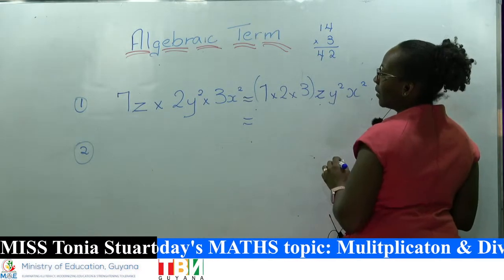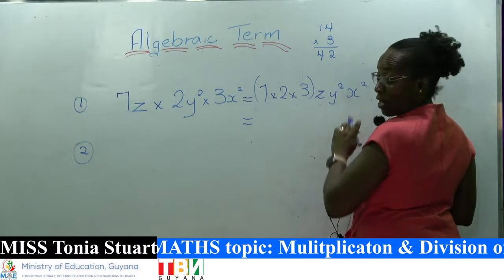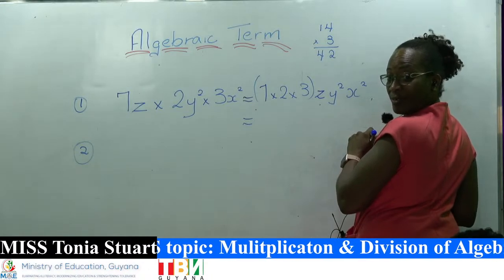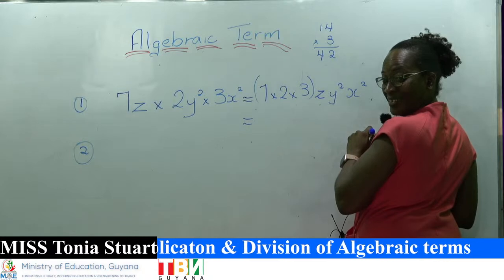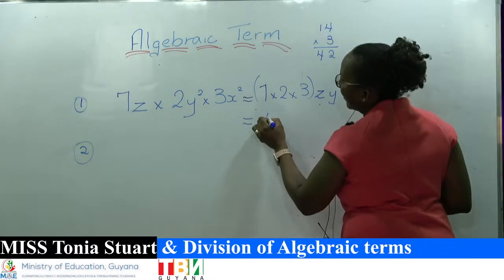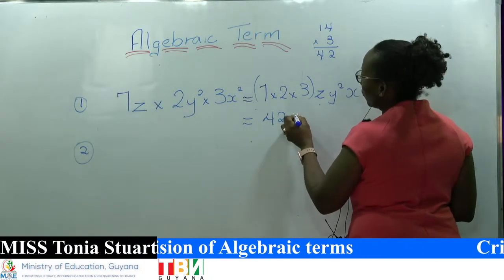So 14 by 3? 42. Are we sure? Sure? Yes, miss. All right. Just making sure that we are sure.